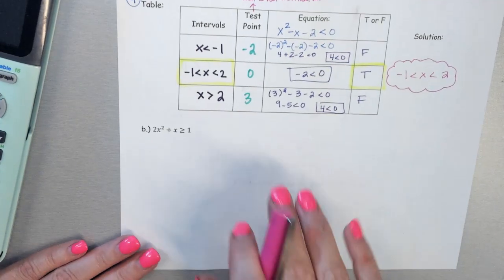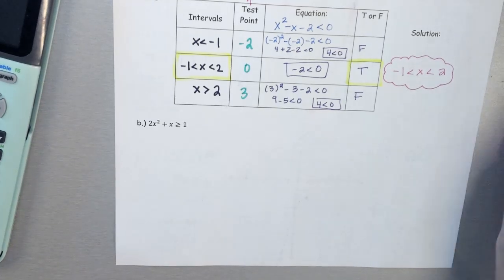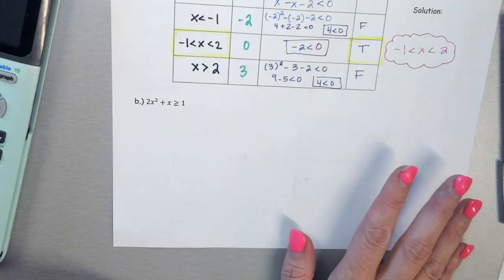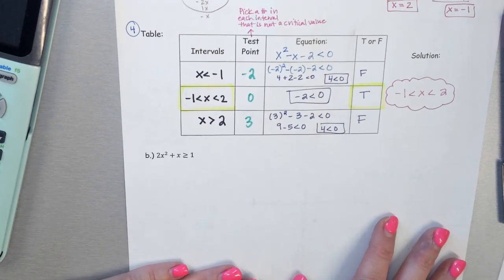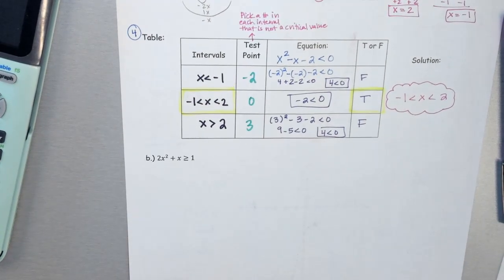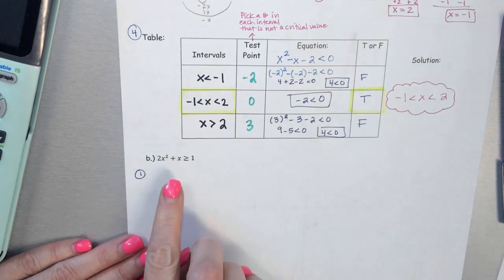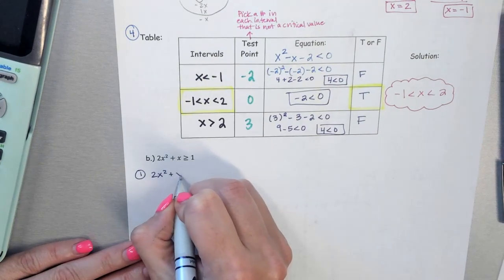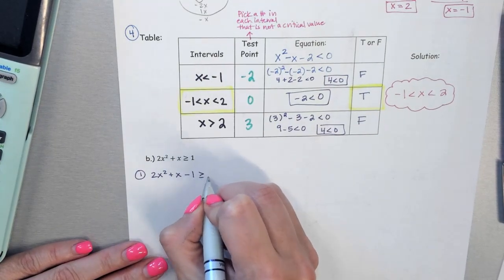Okay, so I understand writing this chart out on your homework over and over again would be unnecessary torture. So I'm going to show you a quick way to do that, okay? So the first thing we're going to do is make sure that all the terms are on one side. So that means I'm going to have to subtract the 1 over.